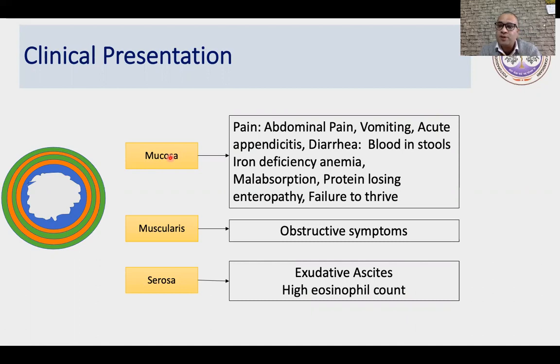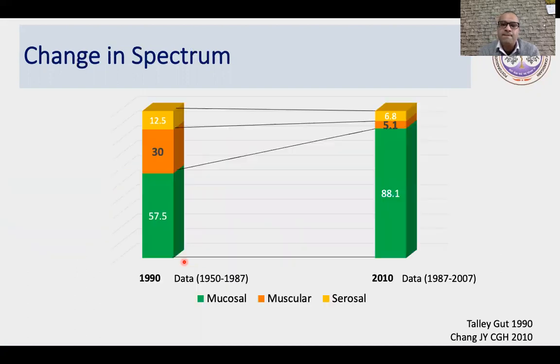There may be features of malabsorption, including iron deficiency or protein-losing enteropathy, and failure to thrive could be one of the presentations in childhood. Muscular involvement is usually associated with obstructive symptoms, and serosal involvement may present with exudative, eosinophil-rich ascites.